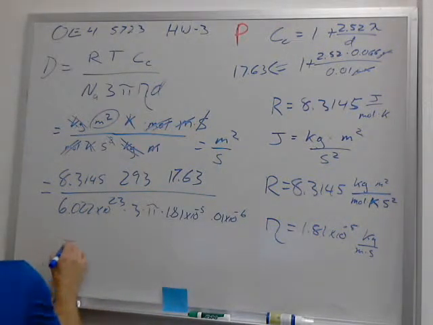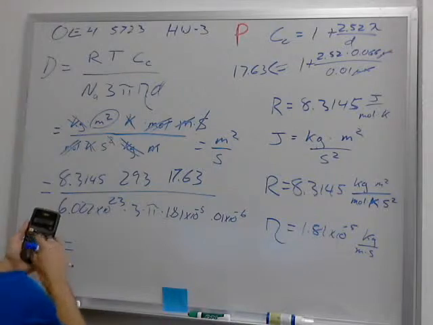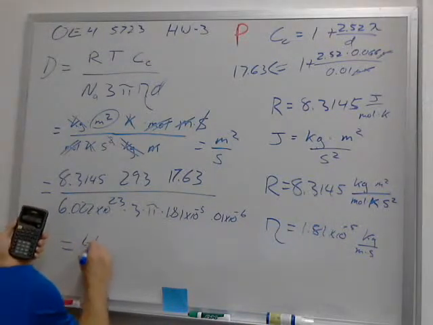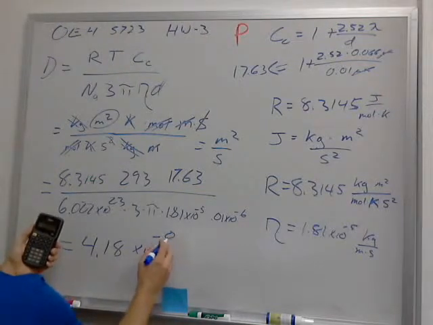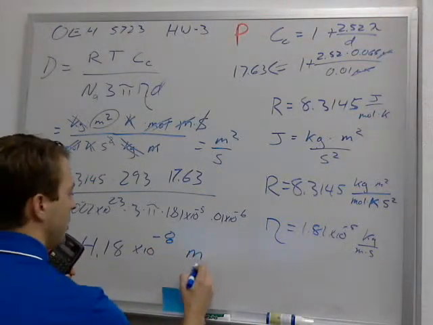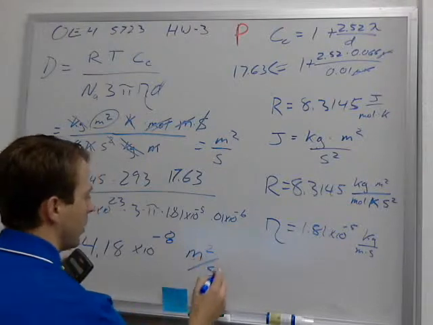Alright, so when I punch that in, I'll put it back in scientific, I get 4.18 times 10 to the minus 8 meters squared per second.